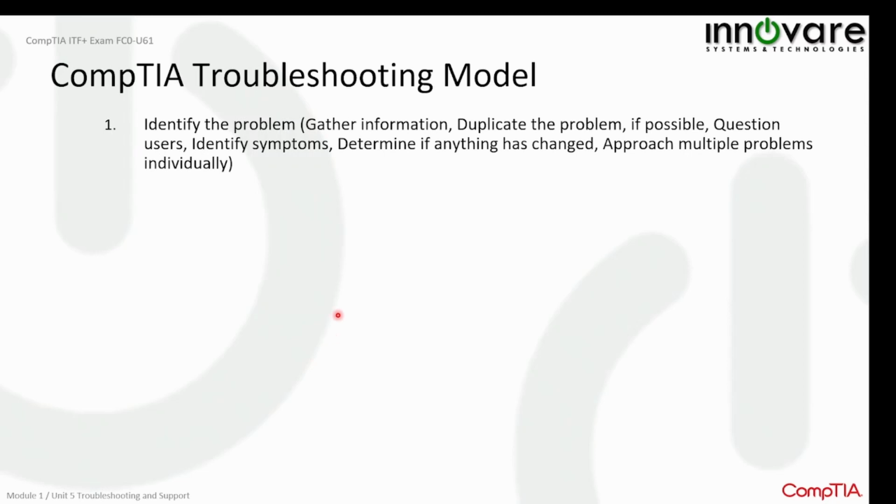So when you are troubleshooting, at first, what you need to do is, of course, identify the problem. This is the stage where you collect all the information and try to duplicate the problem if you were able to identify it correctly. If possible, you also have to ask the users questions.